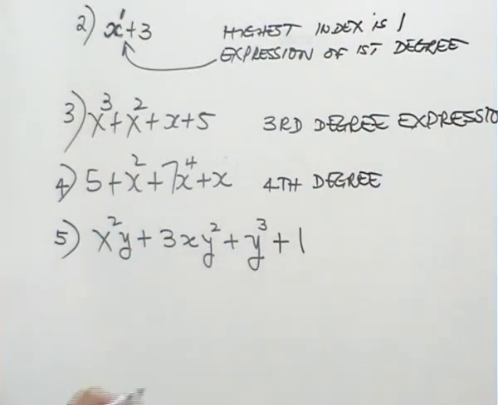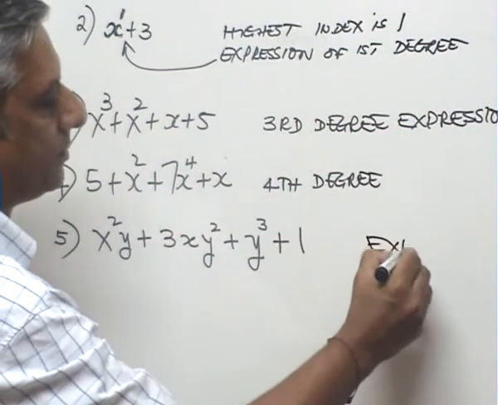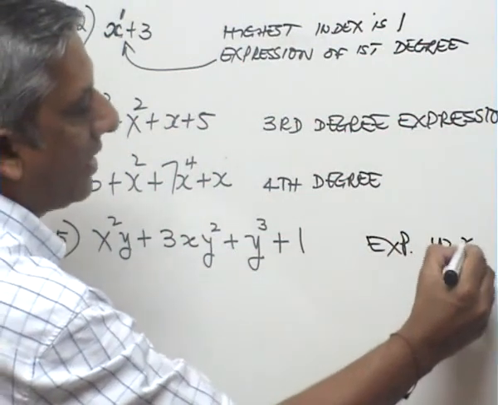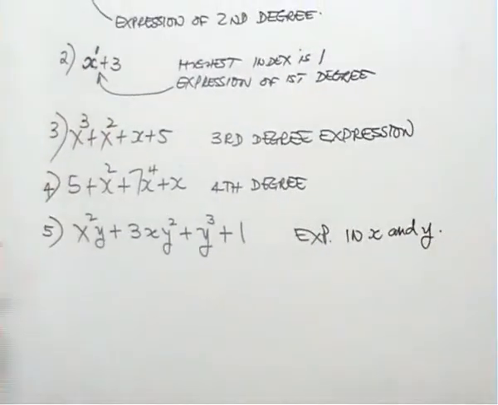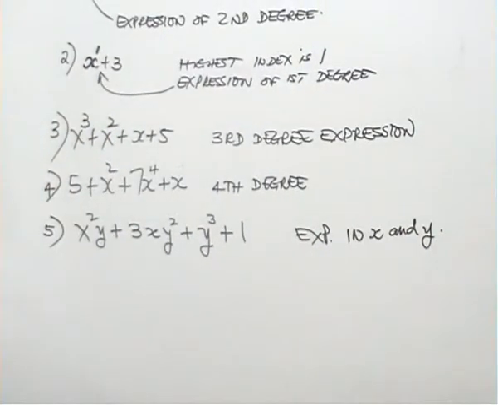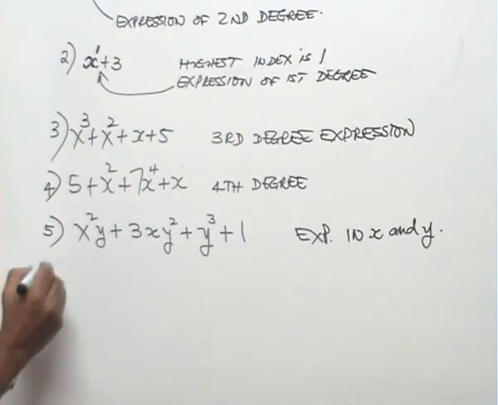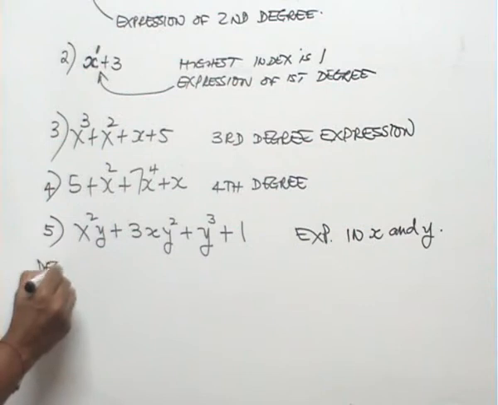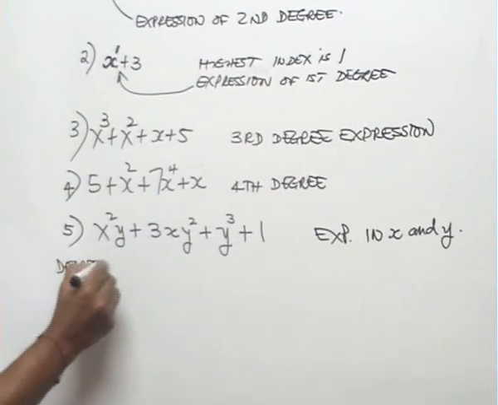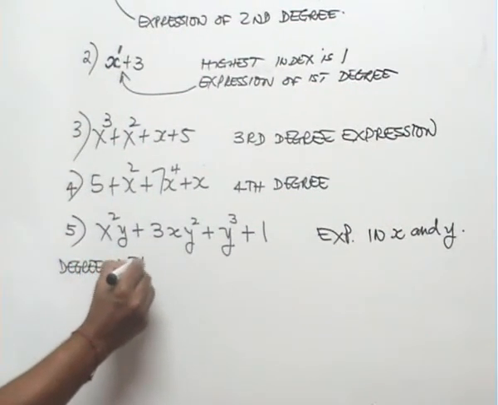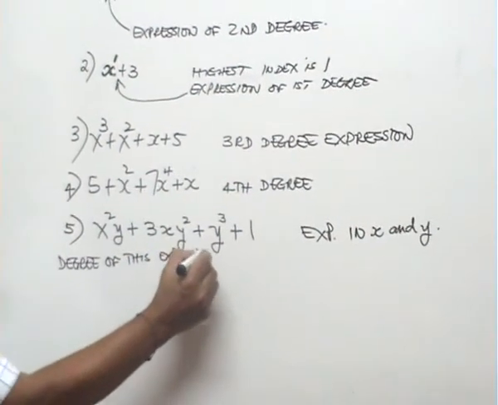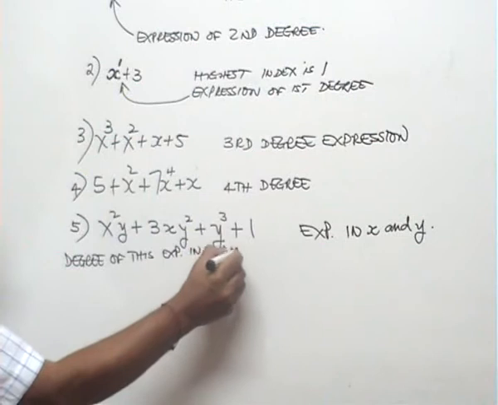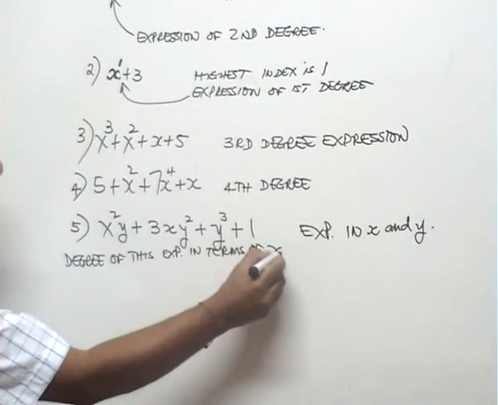Now we have an expression in x and y. Now we've got an expression both in x and y. So if I ask you a question, what is the degree of this expression in terms of x?